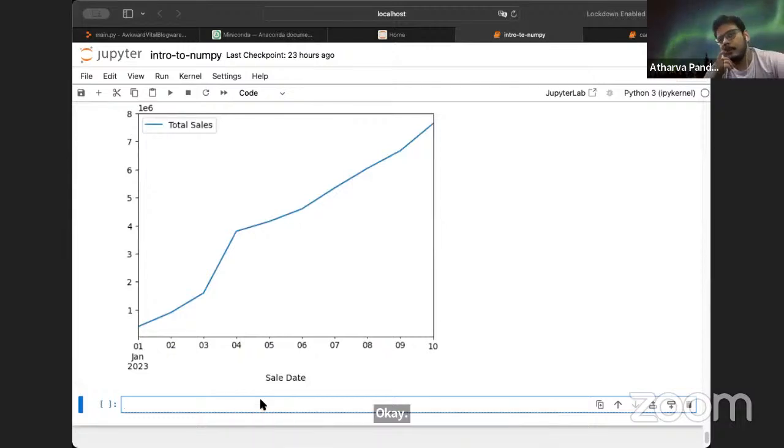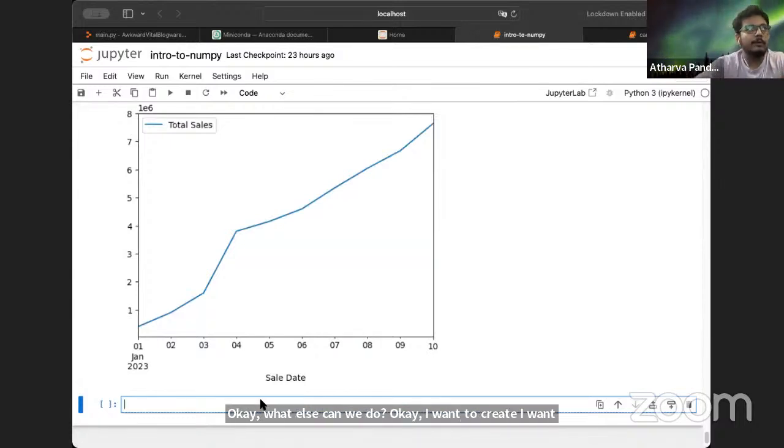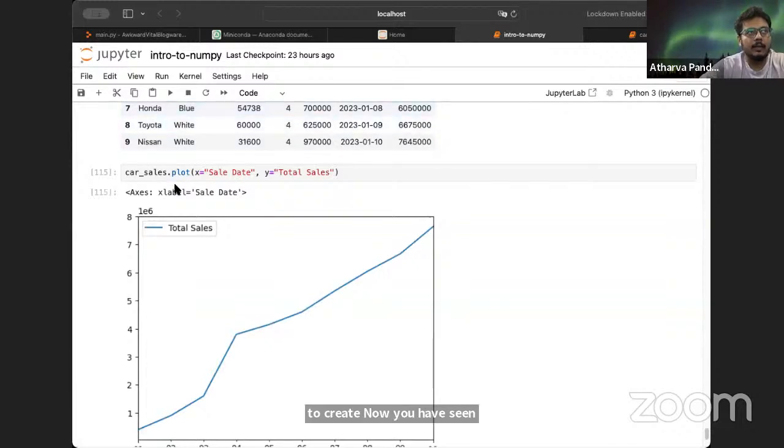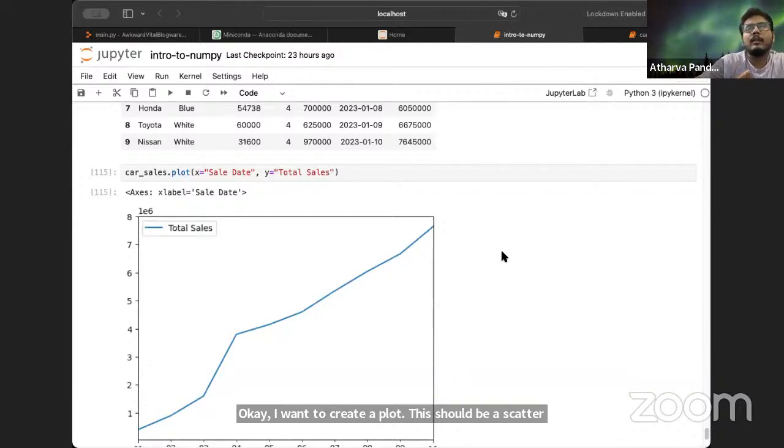Okay. Now let's think more. What else can we do? I want to create a plot. Now you have seen the syntax already. This should be a scatter type of plot.